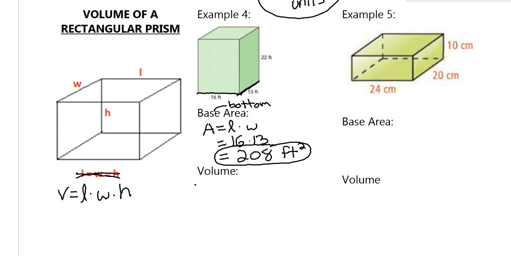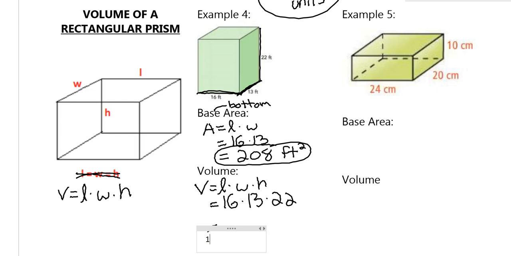Volume. Volume equals length times width times height. Length times width, right, times height. So now I have 16 times 13 times 22.